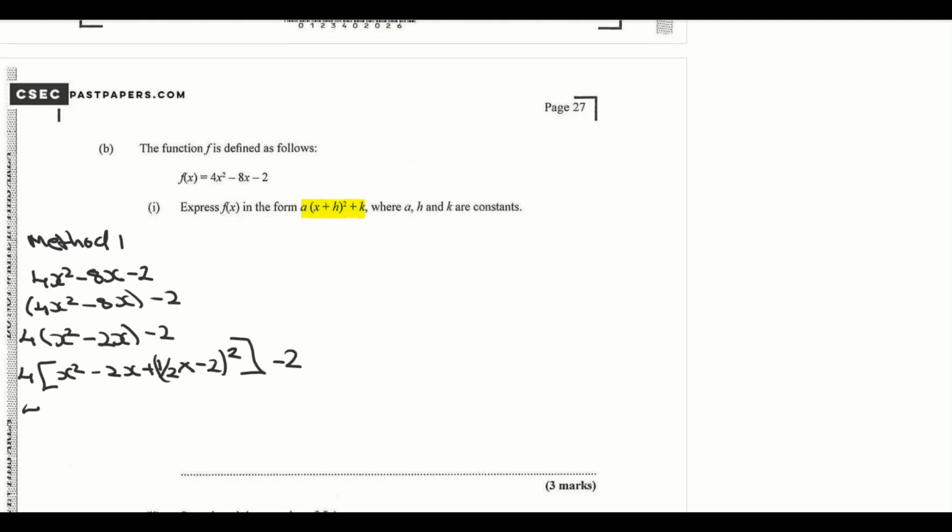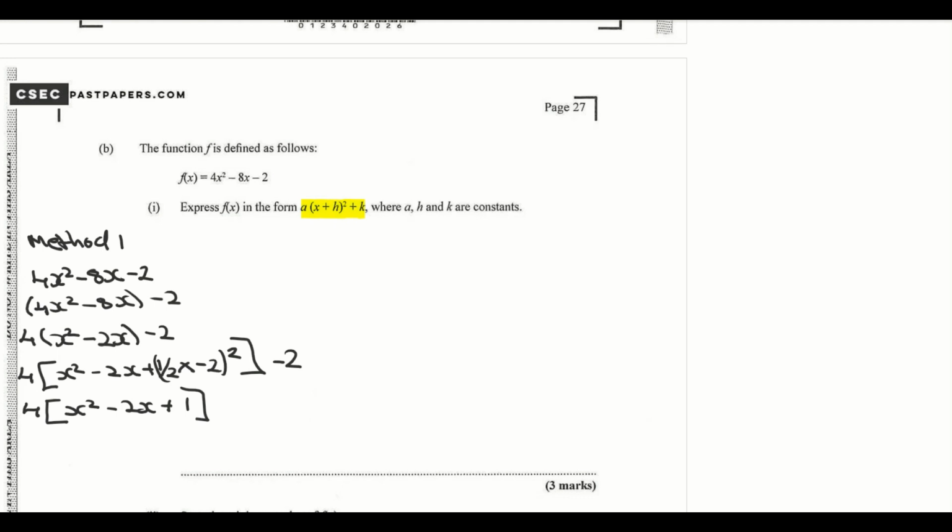Alright, so that is 4 open bracket x squared minus 2x. A half by minus 2 is minus 1 squared is 1. Alright, so it'll be plus 1, close bracket. Again, you have included this 1. Well, 4 by 1 is 4.